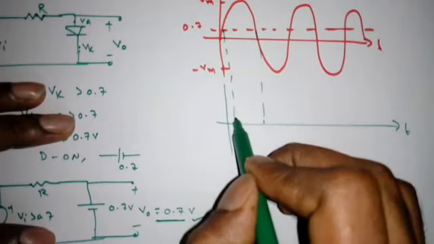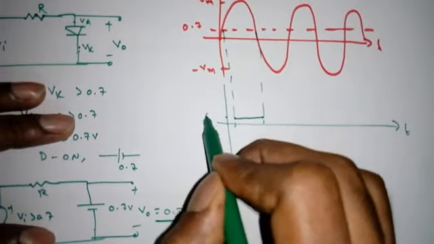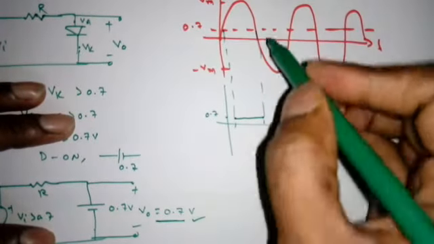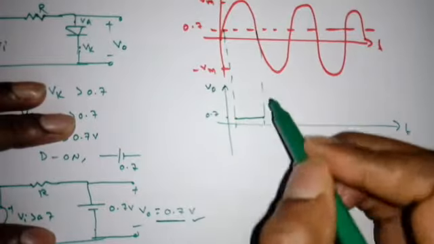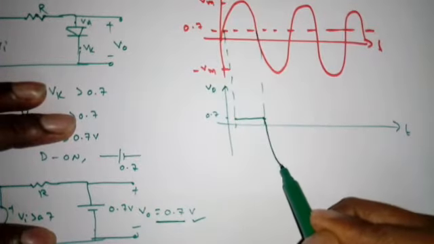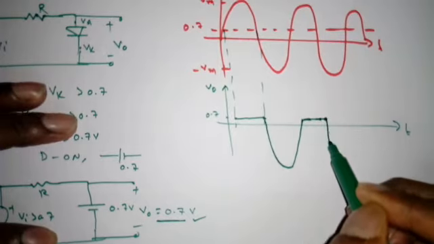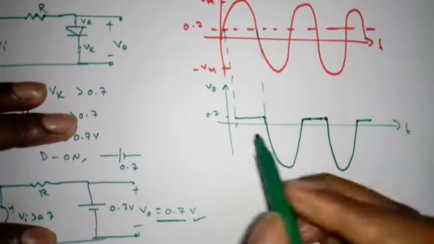And when VI is less than 0.7, the output follows the input, so we'll get something like this. So when VI is greater than 0.7 volt, it will clip, and so on.